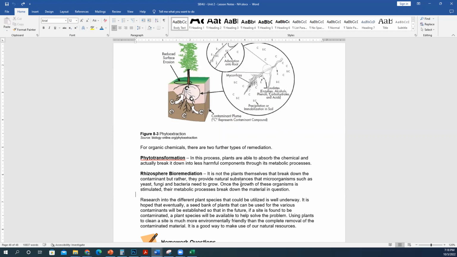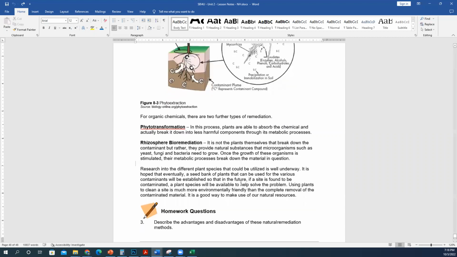And by providing these natural nutrients for these microorganisms, they stimulate the growth of these organisms, and as a result, use the metabolic processes within these microorganisms to break down the material that's in question.